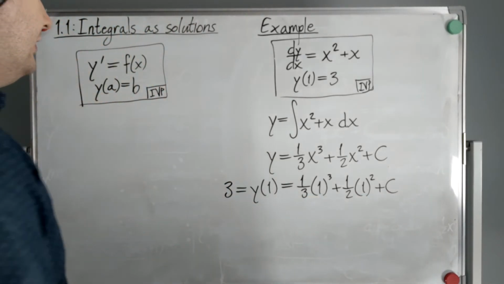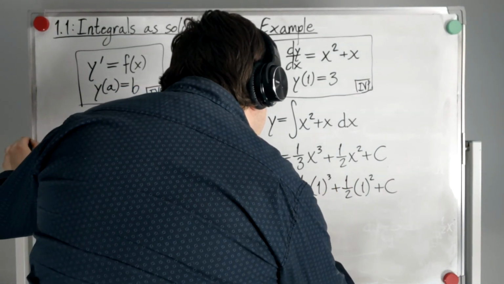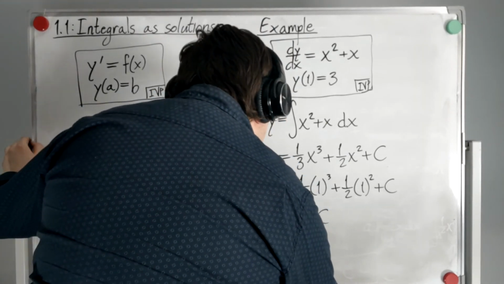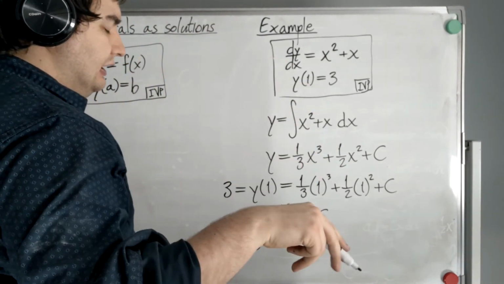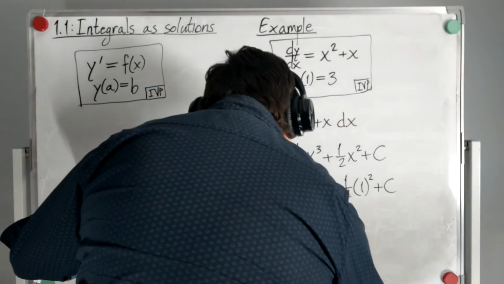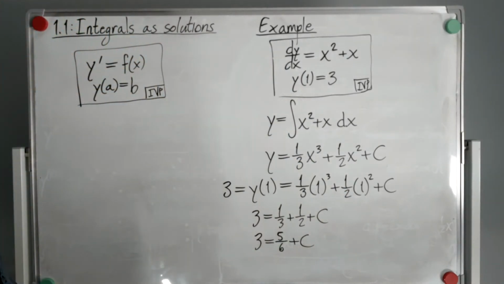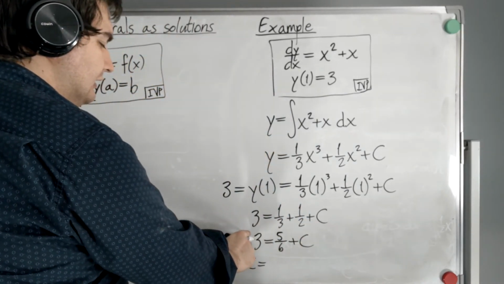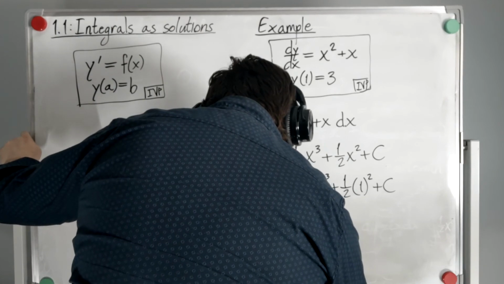And when we do that, we'll have our particular solution. So 3 equals 1/3 plus 1/2 plus c. 1/3 is 2/6, and then 1/2 is 3/6, so this is together 5/6. So then c is going to be 18/6 minus 5/6, which is just 13/6.